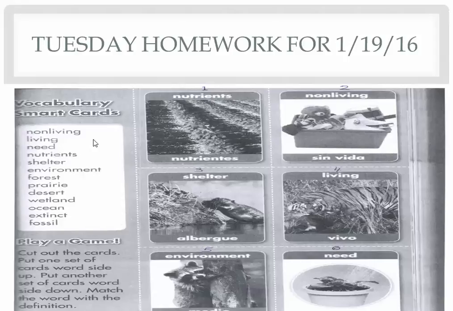So on Tuesday, you are going to use these vocabulary cards and play a game by first cutting out the cards, and then using the other set of cards with the definitions to match each picture with the definition.